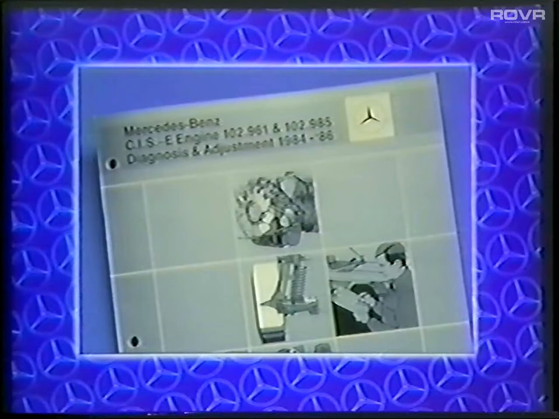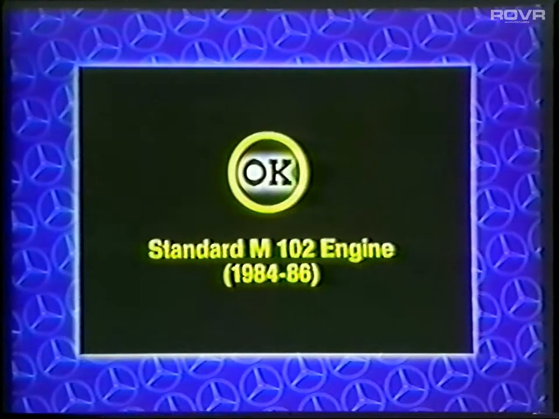Before closing, the retention book that accompanies this program should be mentioned. It should be emphasized that the test procedures and specifications in this book are for the standard version 4-cylinder M102 engine, and only for model years 1984 through 1986.